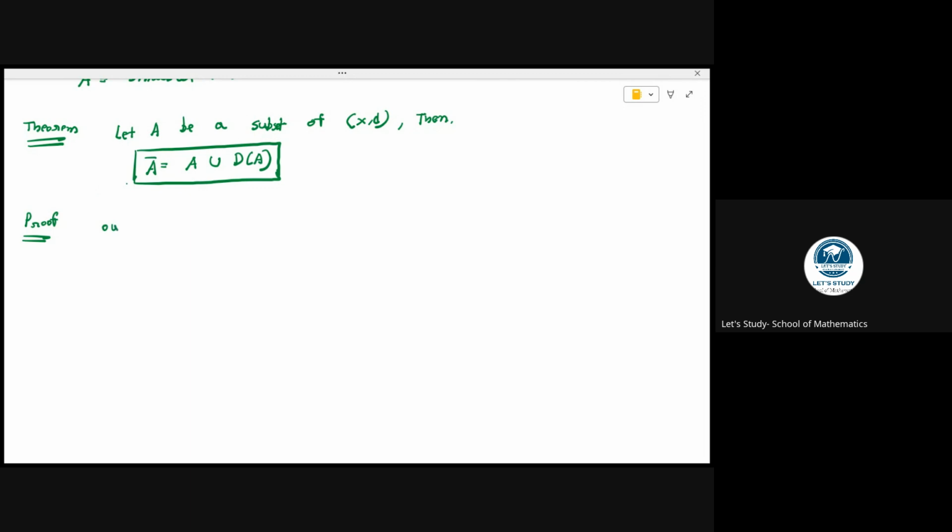Our first goal is to show that A union DA is closed, i.e., the complement of A union DA is open.